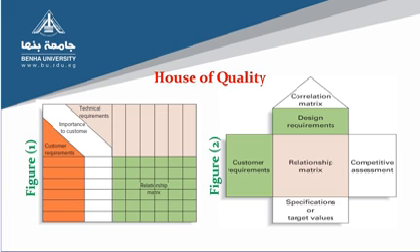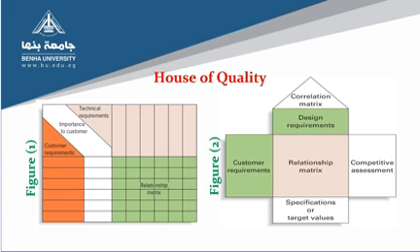Also, additional features are usually added to the basic matrix to broaden the scope of analysis. Typical additional features include importance weightings and competitive evaluations. A correlational matrix is usually constructed for technical requirements.